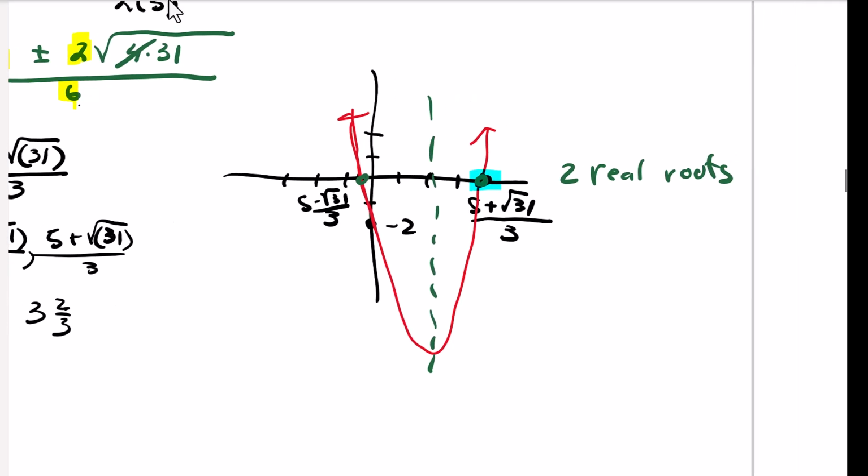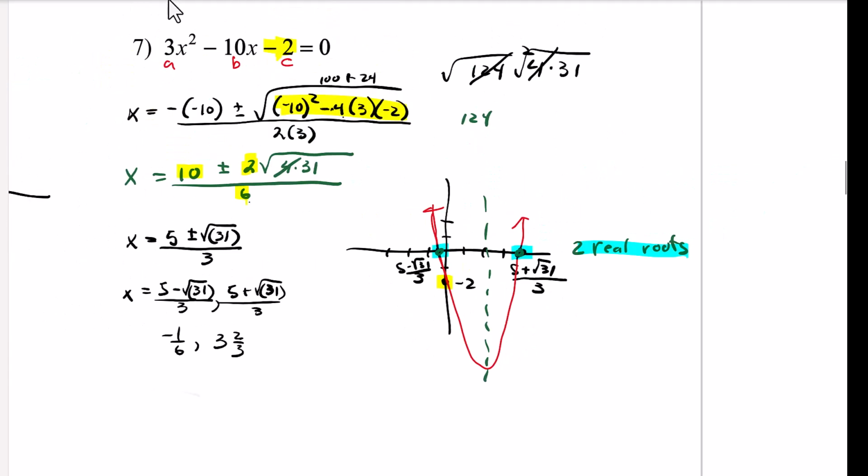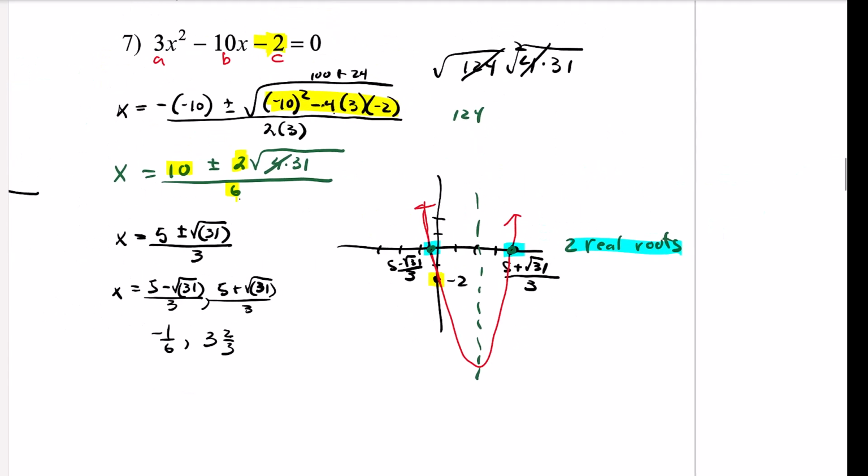This right here, two real roots. Where it touches the y-axis, and you get that from the equation right up there, that's the y-intercept. By the way, the real roots are also the x-intercepts. Where it touches the y-axis is the y-intercept. That's at 0, -2.